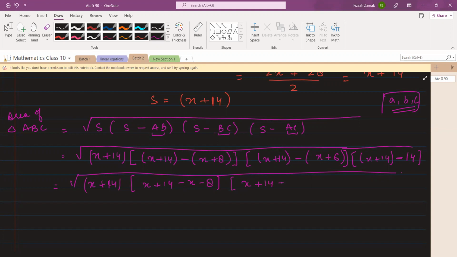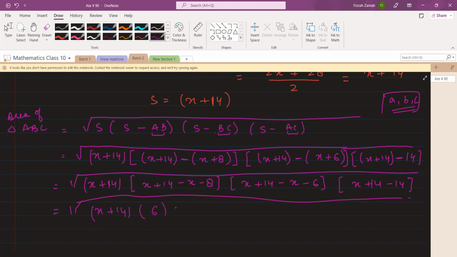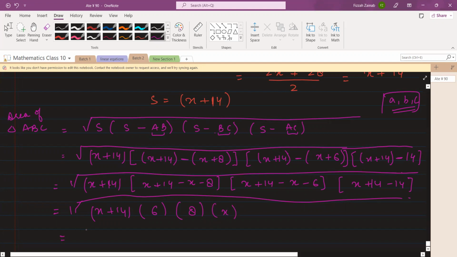Yes. And x plus 14 minus x and minus 6. And x plus 14 and then minus 14. So this is x plus 14 into, now x cancels out. 14 minus 8 is how much? 6, right? Yes. x cancels out. 14 minus 6 will be 8. And here 14 cancels out and you get only x. Right? Okay.